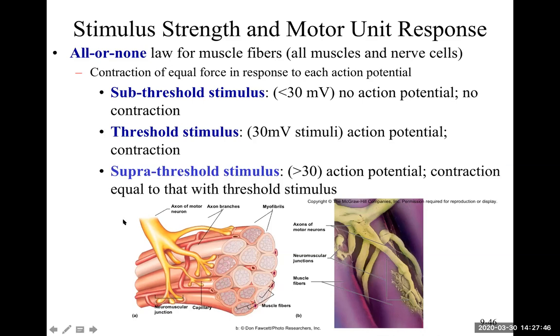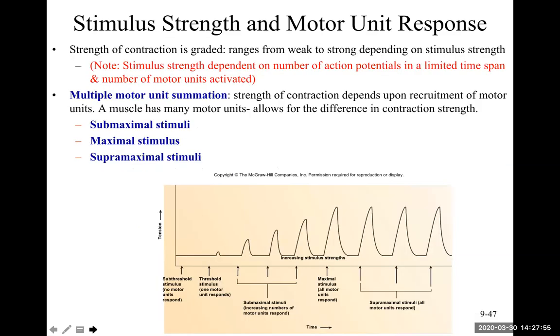Well, it's because of this suprathreshold stimulus. What we're going to see is that when we want more strength of contraction, we don't have a stronger action potential. There's no such thing. If I'm lifting 5 pounds versus 50 pounds, I have the same level of action potential. An action potential is just an action potential.